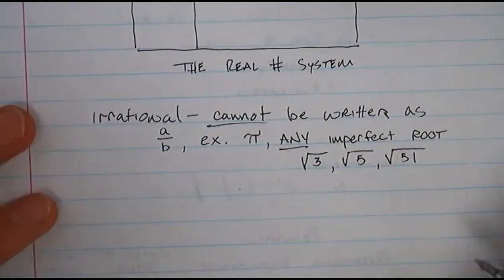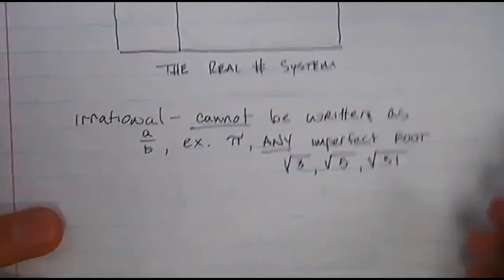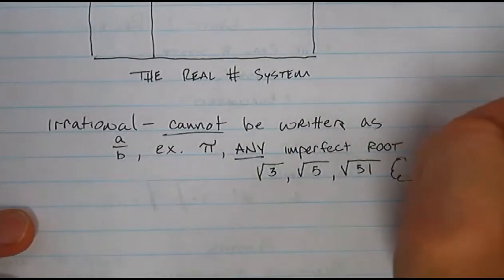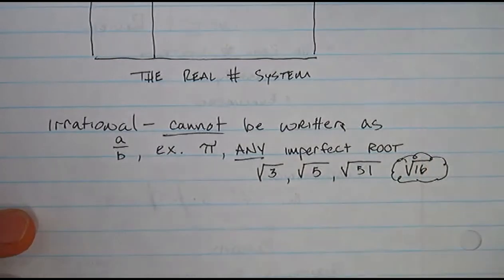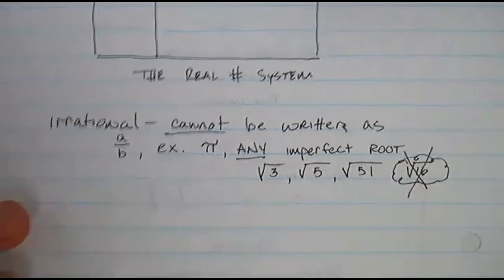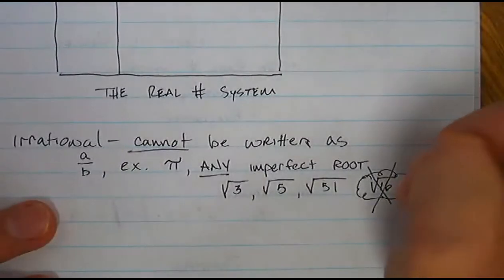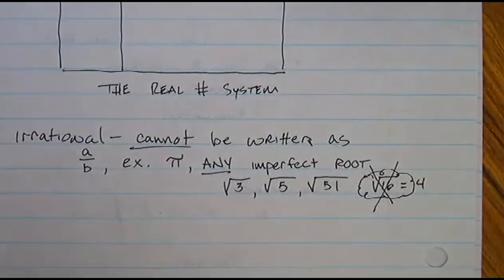These are all numbers that don't have perfect squares. Whereas if you think about what is a perfect square, we have something like the square root of 16. That is 4. Okay, so that one has a rational root.